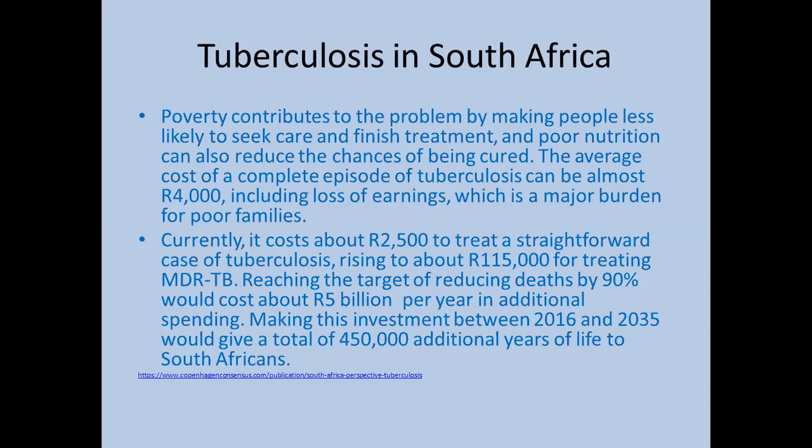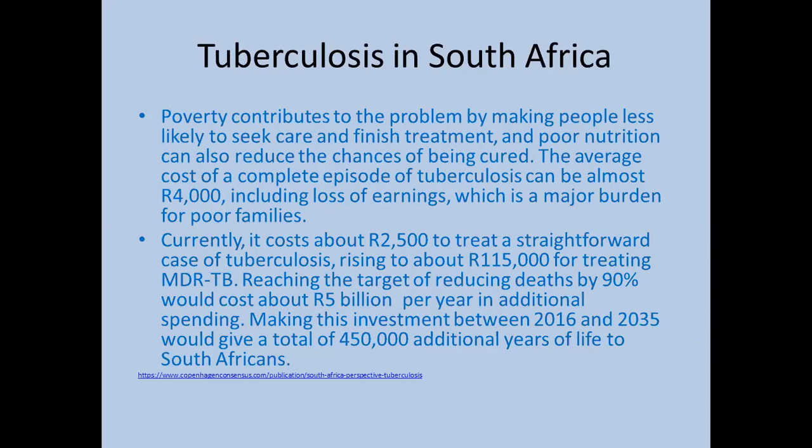In addition, they've either got to walk a long distance to get to a clinic, or they've got to pay to catch a taxi, or even 2 taxis there and 2 taxis home again. So it costs people a lot of money to actually be infected with tuberculosis.